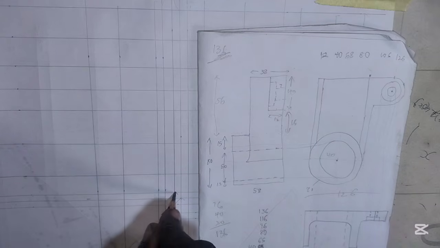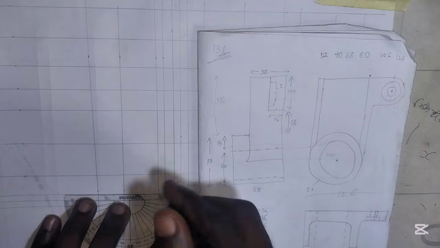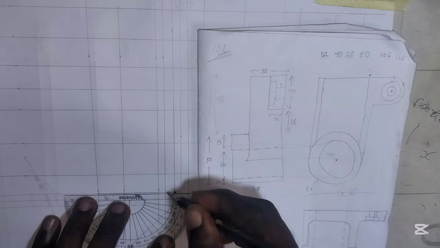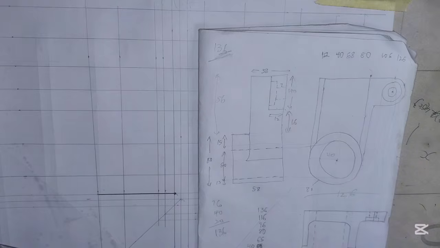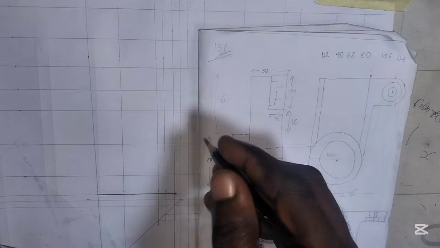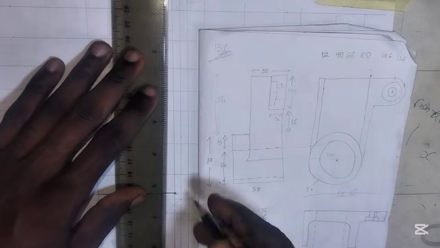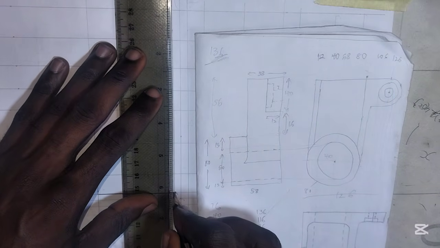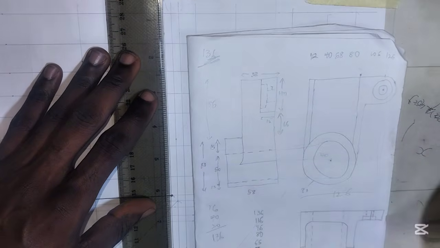So from here to the extreme end first, in total, it is 5.8. From here to here is 5.8. So I will take it upward extremely to the 136. That's to this apex point here.